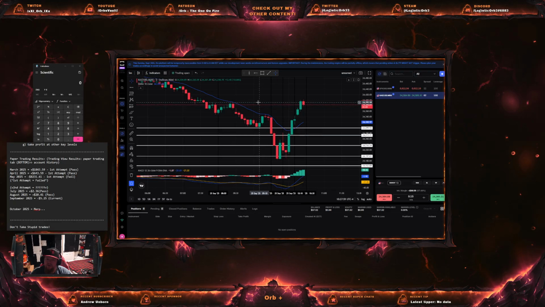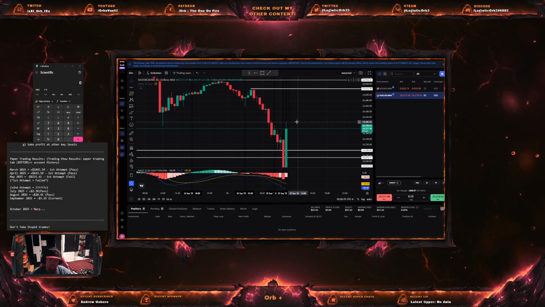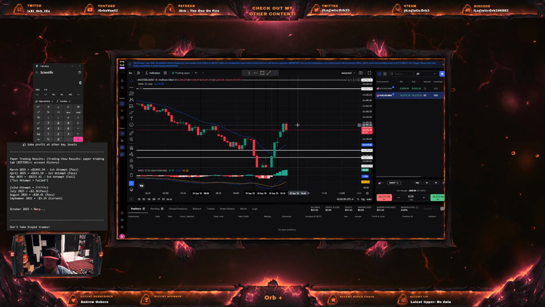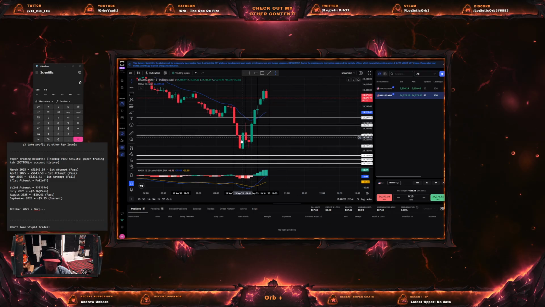We had relative equal highs right there. Price pushes above them, and then from there, this trend's over, giving way to the reverse.